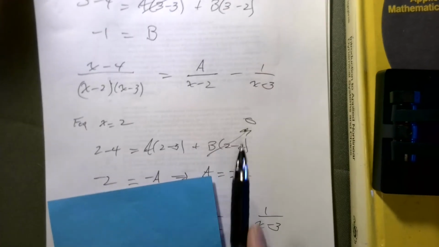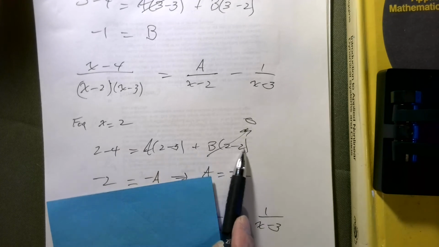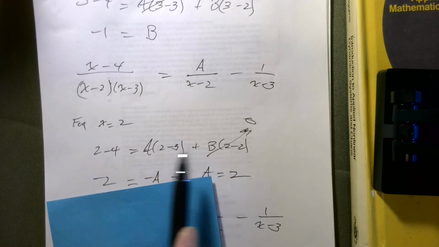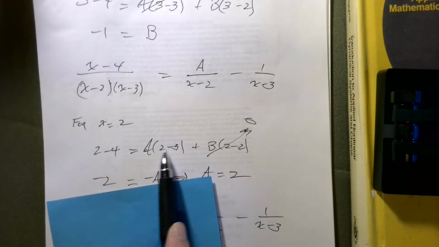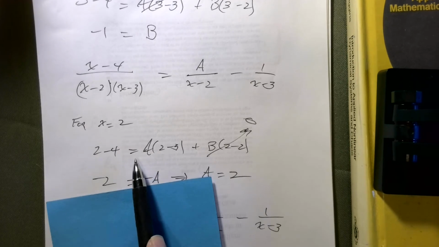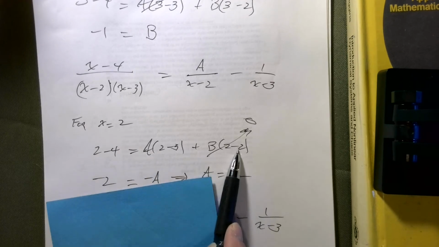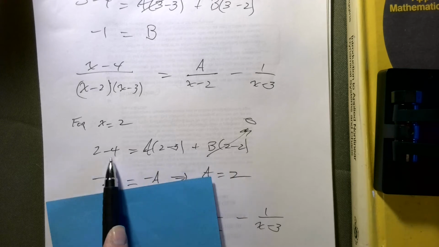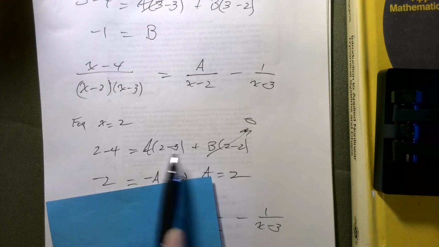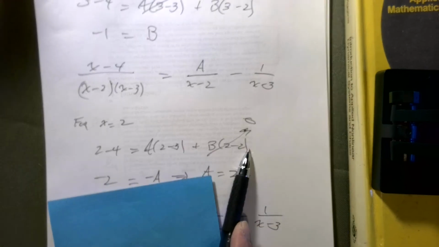So now we do the same thing. We multiply both sides again. So we're back over here. Now if I choose to wipe out the b term, which we know is a negative 1, I use x equals 2 and put it in here, and this guy is wiped out.